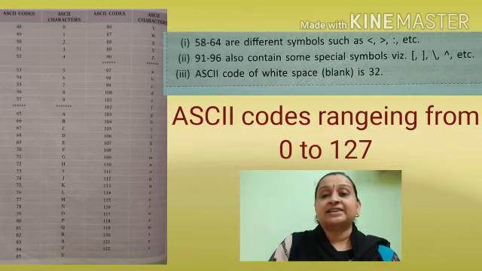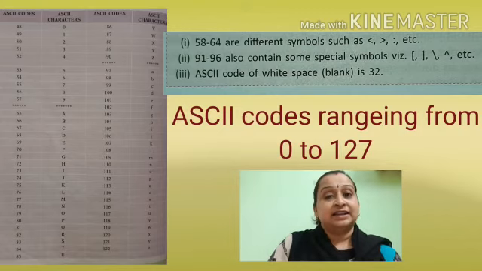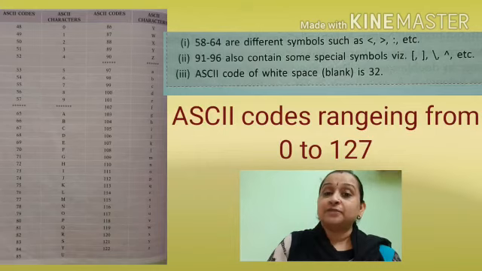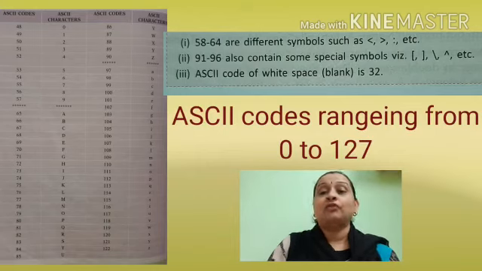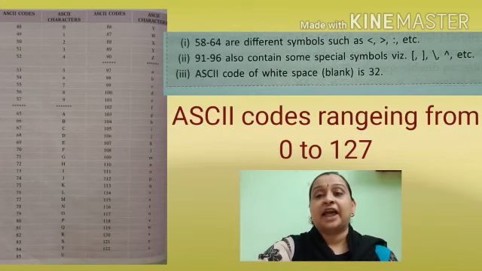Then bracket, slash, caret, all these special symbols have ASCII codes from 91 to 96. And the ASCII white space character or a blank has an ASCII code of 32. So these are the ASCII codes for the different ASCII characters.